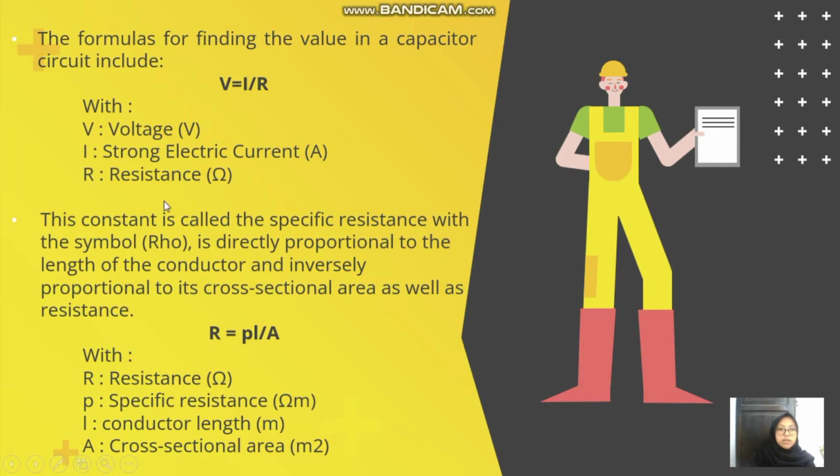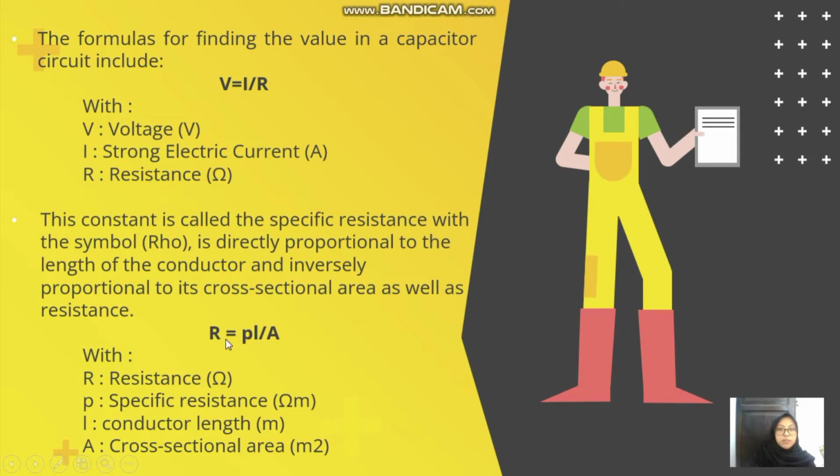This constant is called the specific resistance with the symbol R. It is directly proportional to the length of the conductor and inversely proportional to its cross-sectional area, as well as resistance.